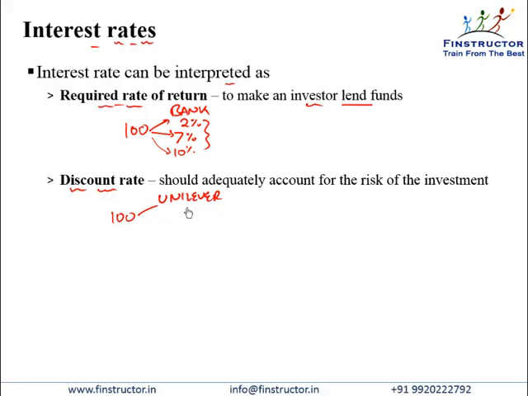So Unilever is an FMCG company that makes soaps, detergents, creams, etc. Or if this $100 was given to DLF. DLF, for example, is a real estate company that constructs and sells houses. Where would the rate of interest charged be higher? When you're lending your funds to Unilever or when you're lending your funds to DLF?